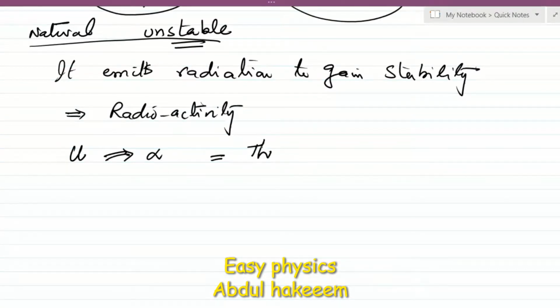Meaning after the emission of the radiation, the number of uranium nuclei is decreasing and the thorium is increasing.